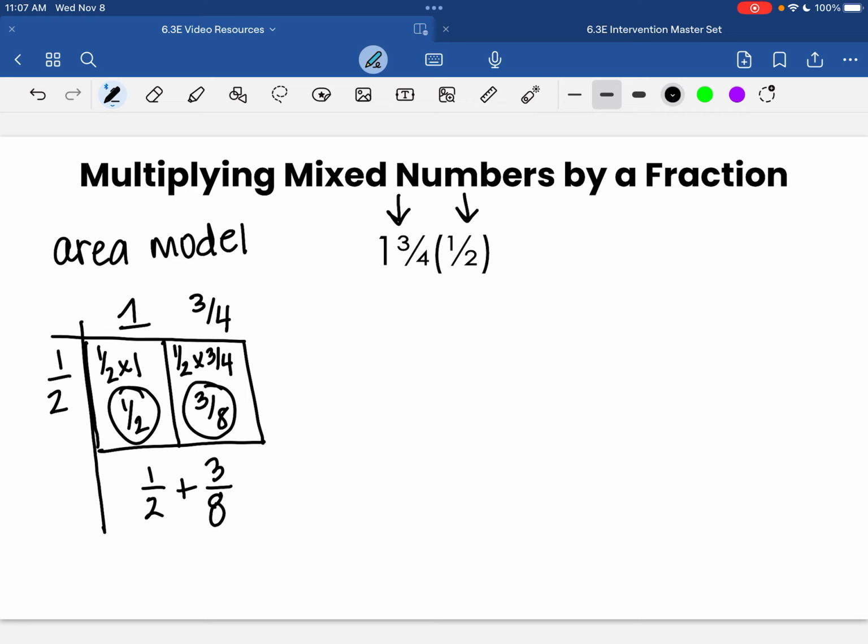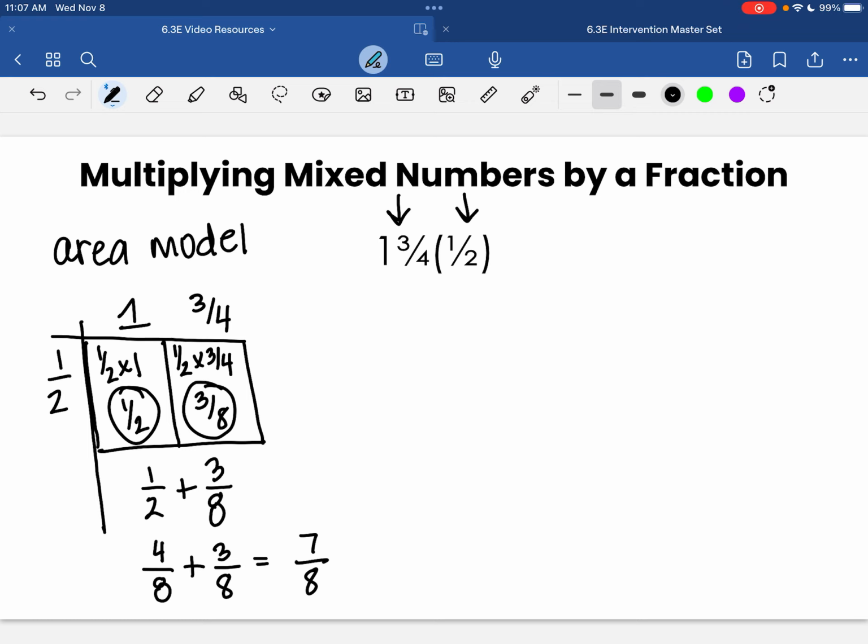And since 1/2 is really friendly, I can rewrite that as 4/8. So I'm adding 4/8 plus 3/8 to get a total of 7/8. So 1 3/4 times 1/2 is 7/8.